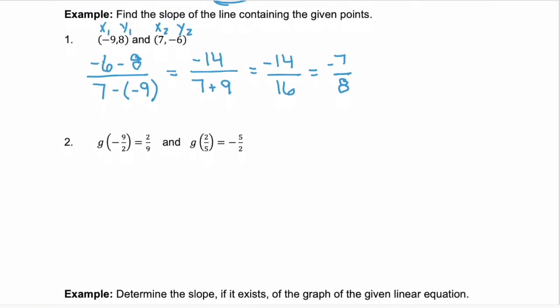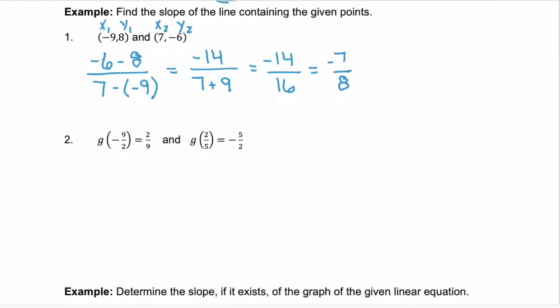How about example 2? We're not really given ordered pairs, or are we? Well, if you remember your function notation, g of this thing in parentheses equals a number. Well, the thing in parentheses is an x. So this negative 9/2 would be x1, and the output, 2/9, would be y1.